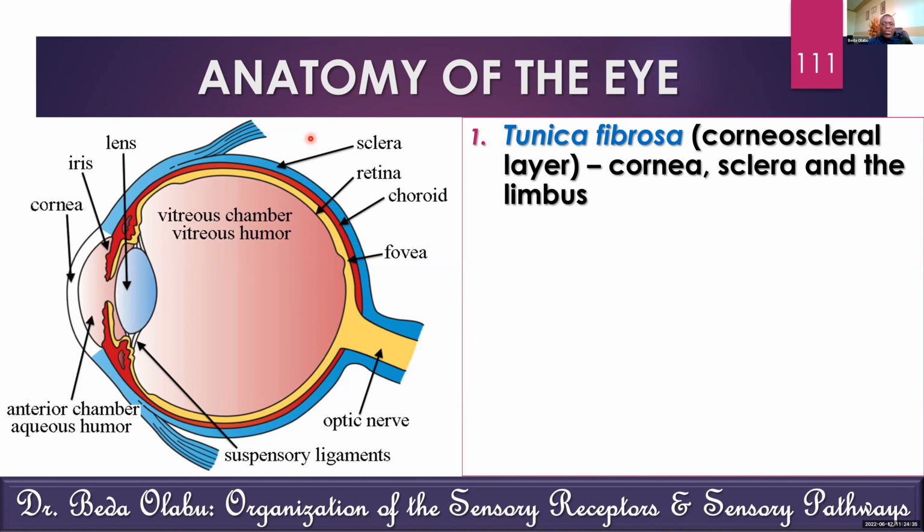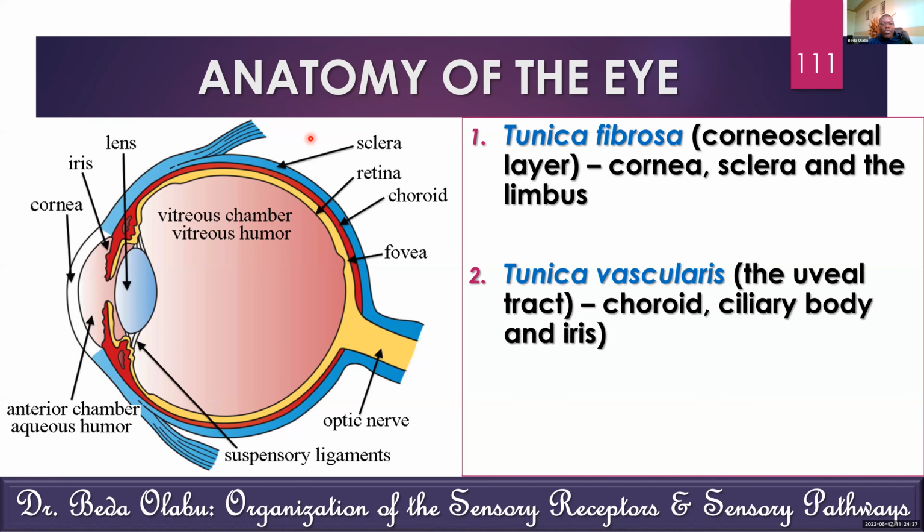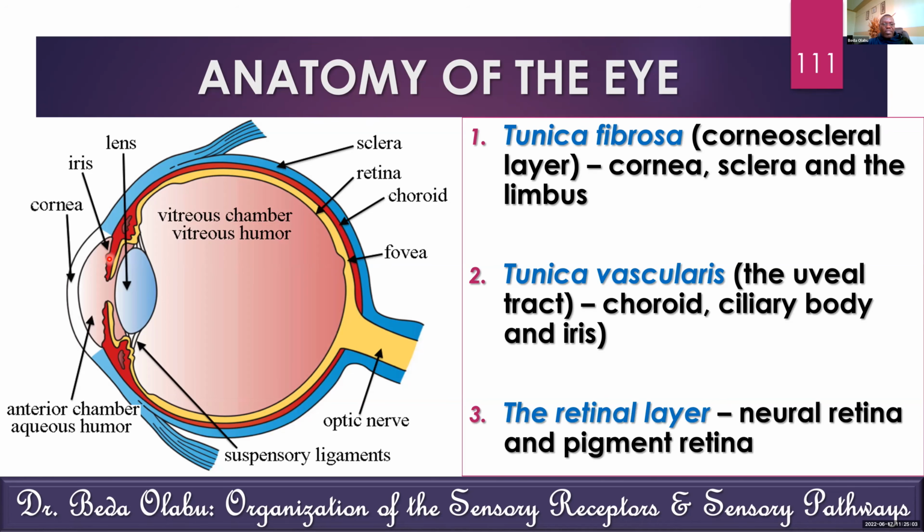Tunica fibrosa, also called the corneoscleral layer, is made up of cornea, sclera, and the limbus. So that is the sclera, that's the cornea, and that's the limbus. Tunica vasculosa is a heavily vascularized layer, also called the uvea or the uveal tract, made up of choroid, ciliary body, and the iris. And then you have the retinal layer, the yellow one in this case.